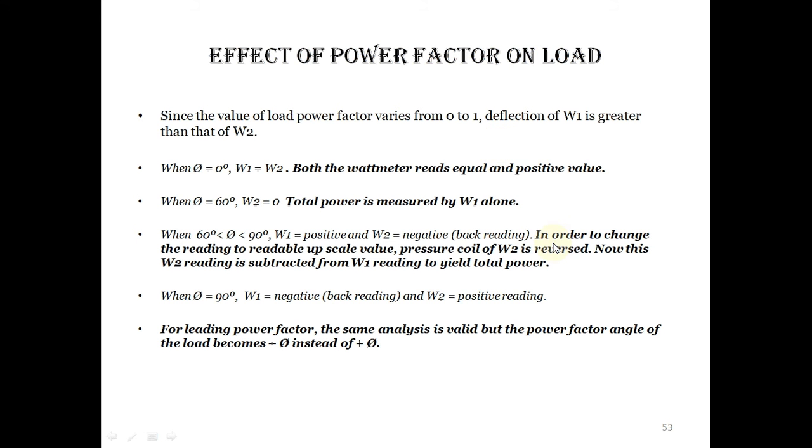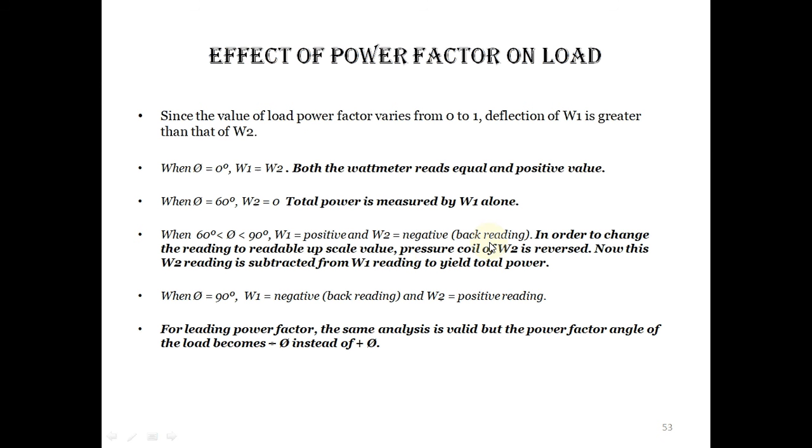Keeping that in mind, in order to change the reading to a readable upscale value, the pressure coil of W2 is reversed. Mind it, the pressure coil is generally reversed, because the current coil is connected in series and we generally do not tamper with the series connection.